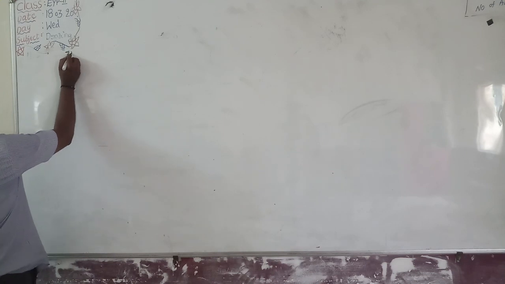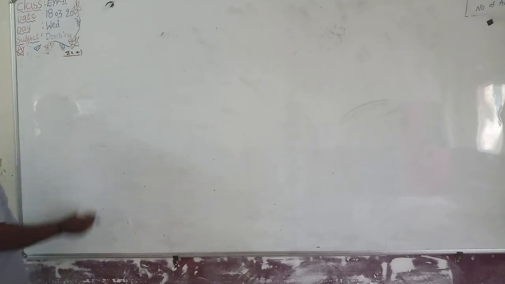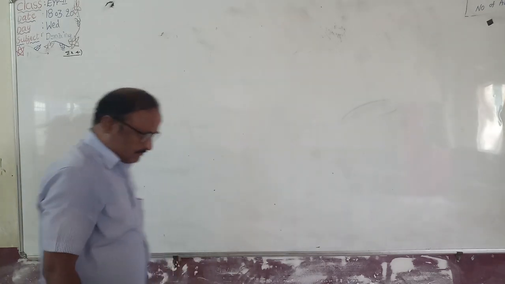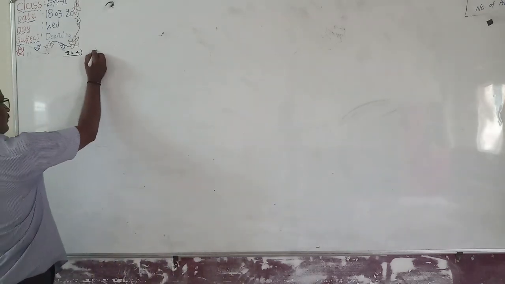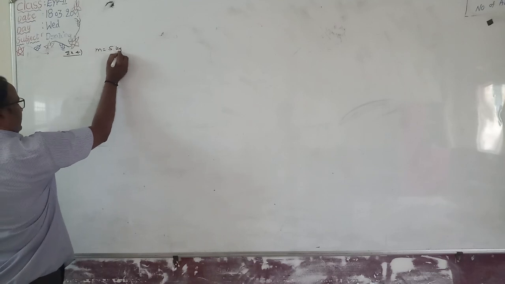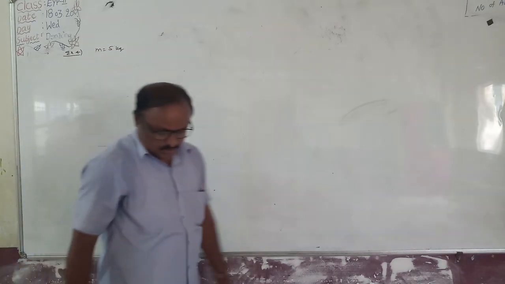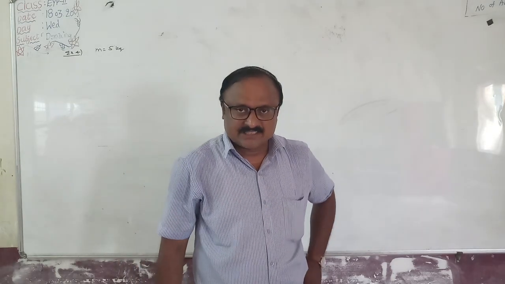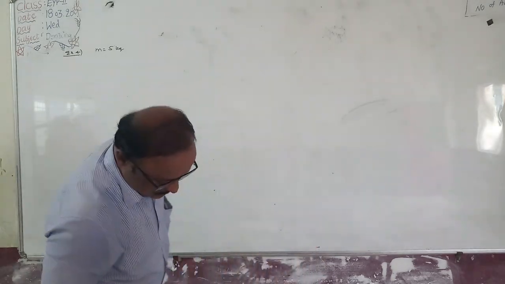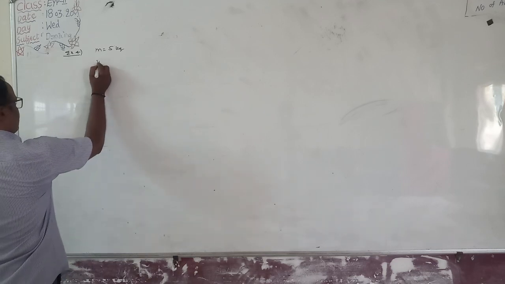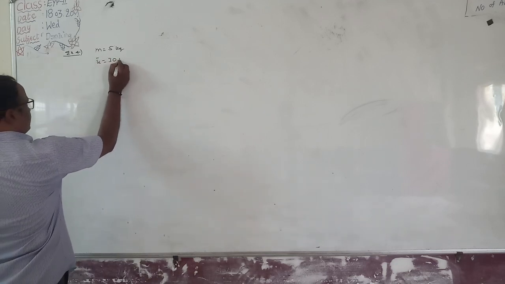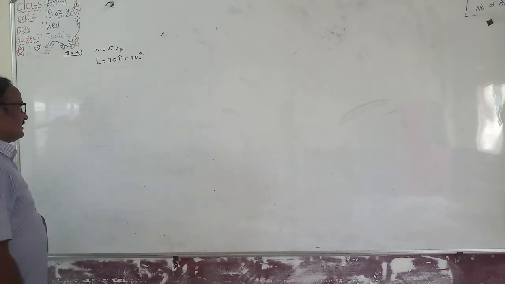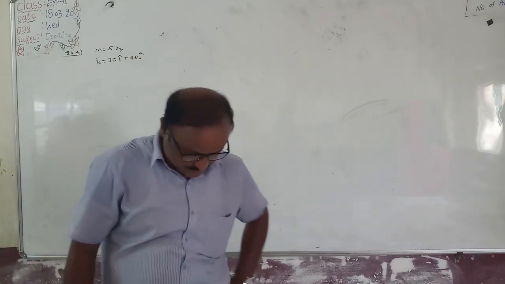Next, example 4. See here, a body of mass 5 kilogram, starting from the origin with an initial velocity of u bar is equal to 30 i cap plus 40 j cap.